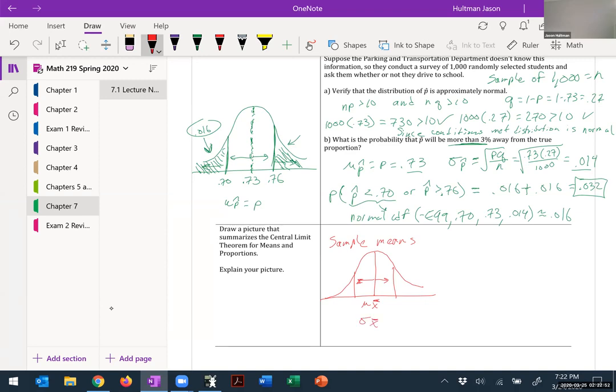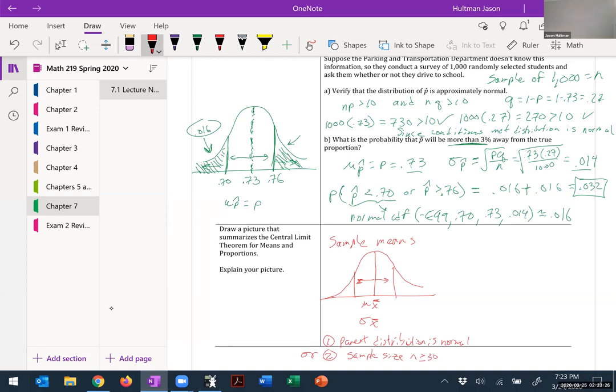In order for this to be true, one, the parent population or parent distribution is normal, or two, the sample size n is greater than or equal to 30.